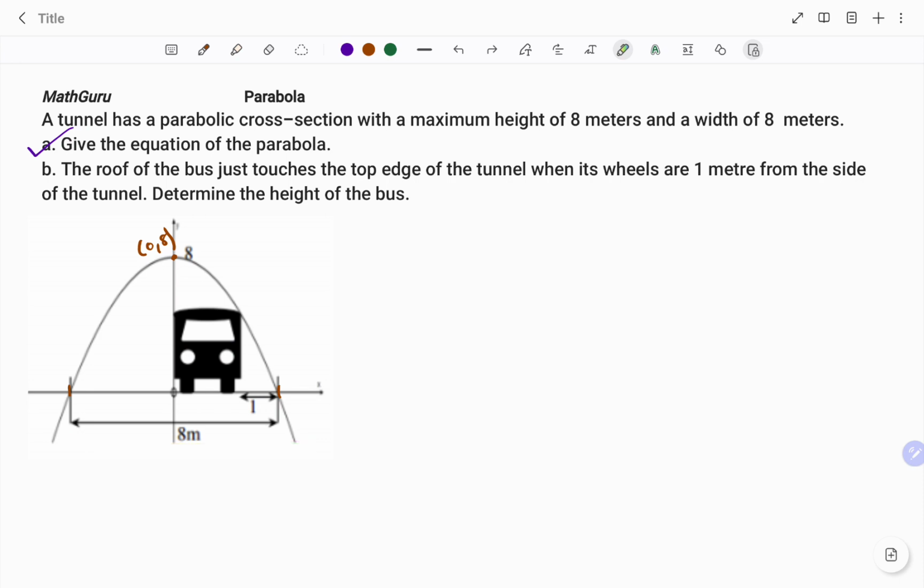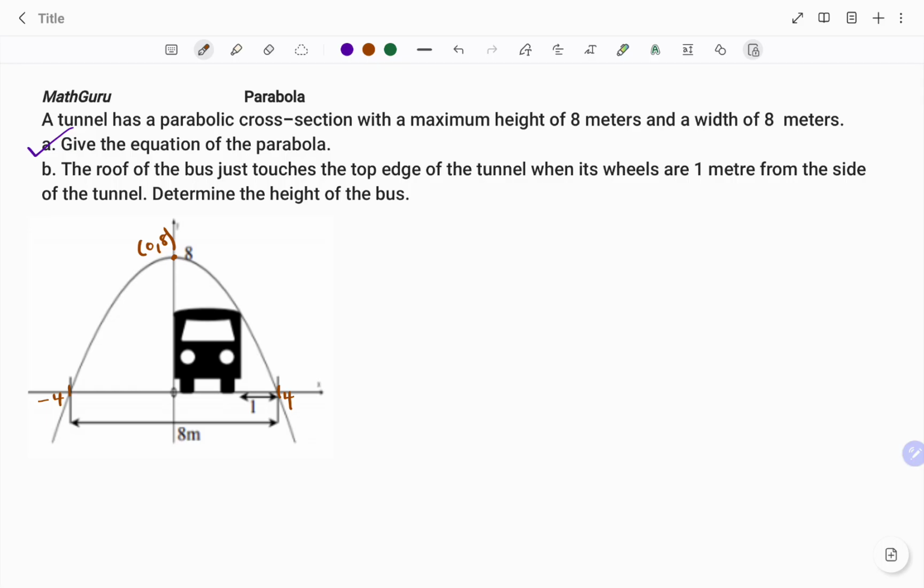So what that means is, if you divide that into 2, this is the middle, that's O, then that will be 4 meters. So therefore, this will be 4, and on the other side, this will be -4.